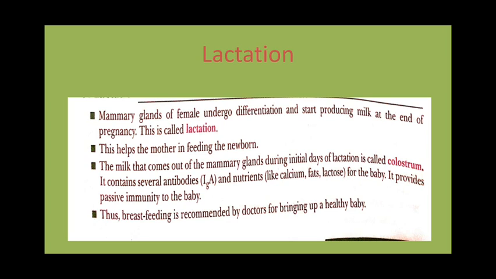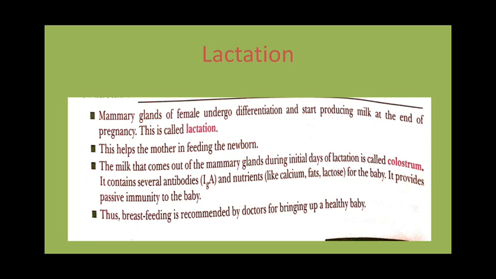This is yellowish, and it is often called foremilk also. It is slightly yellow in color and it contains no fat and very little sugar. It is rich in calories. It contains important antibodies that provide passive immunity to the newborn infant.